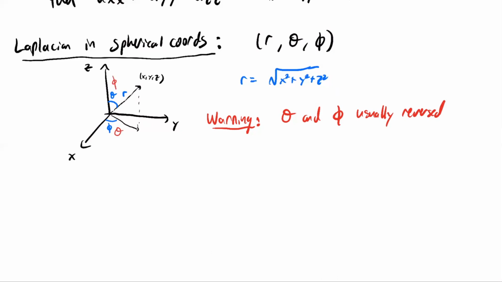This is the more standard notation for spherical coordinates, but our textbook uses this notation, and I didn't want to contradict the notation in the textbook. So I want to be consistent with the book, and I'm using this slightly less standard way of describing spherical coordinates. Of course, this is just a matter of notation. Mathematically, it's the same thing. It could be confusing if you look at formulas, and you may mix up the roles of theta and phi, so be very careful when you do that.